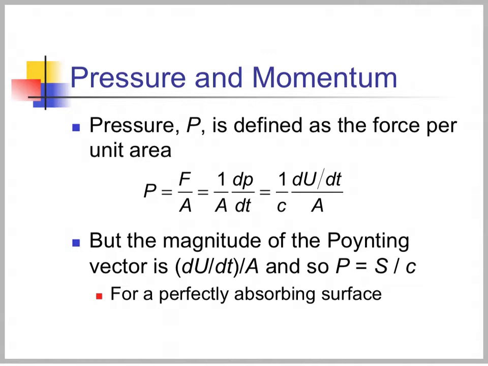So force over area, that's the same as 1 over area times the time rate of change in momentum, which is 1 over c times the time rate of change in energy, how fast energy is being delivered, divided by the area. We also know, though, that the magnitude of the Poynting vector is dU/dt over A, so the pressure is the Poynting vector over c. That's true for a perfectly absorbing surface.